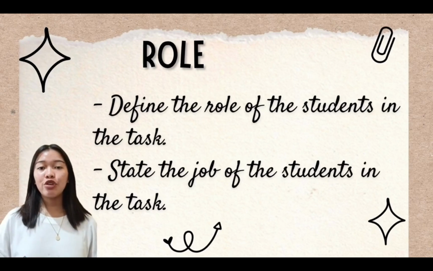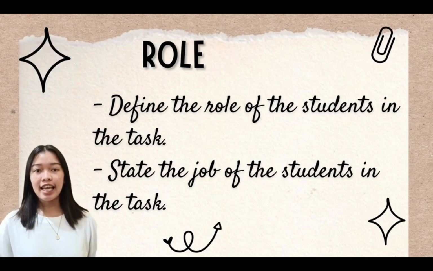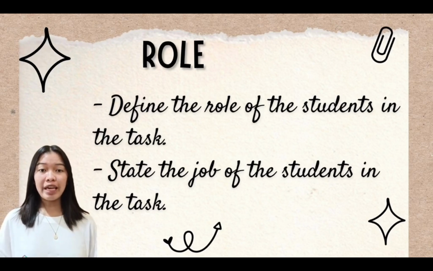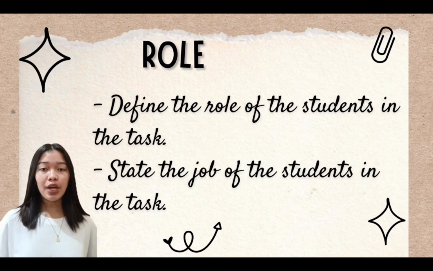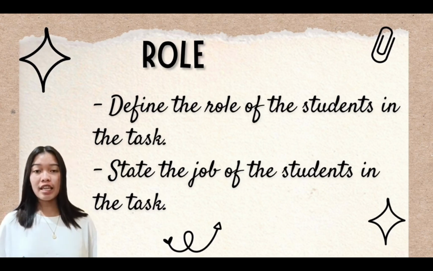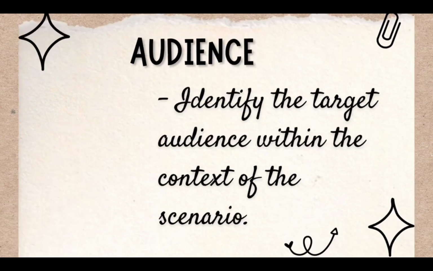Role: define the role of the student in the task. State the job of the student in the task. So it gives the student a role that they might take in a familiar real-life situation. For example, you are a contestant from the college students, so it is about the role of the student in the task.